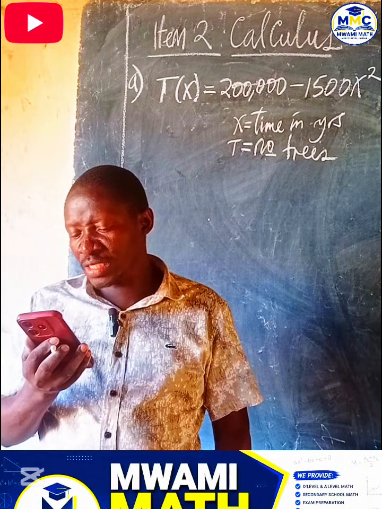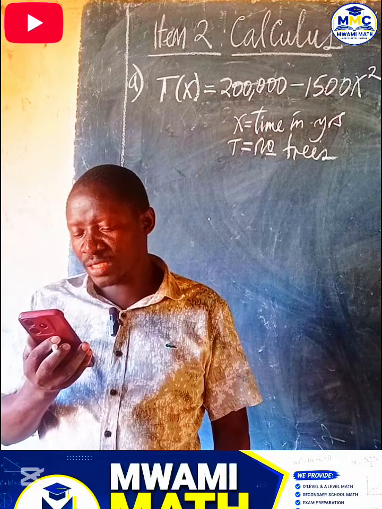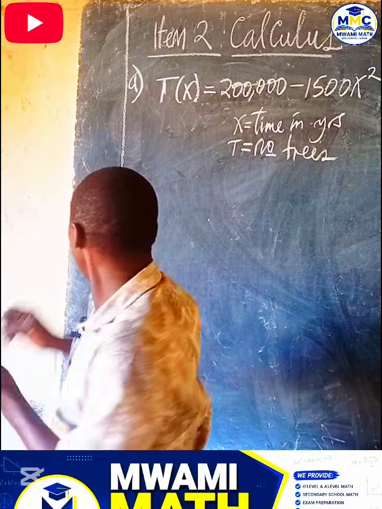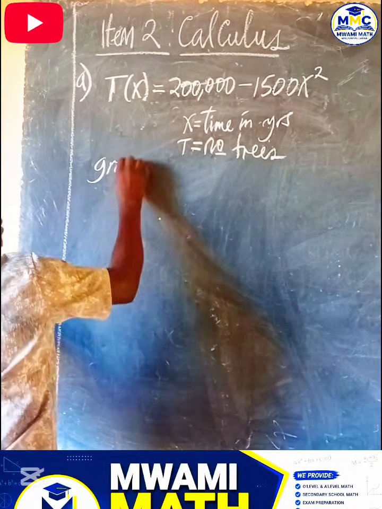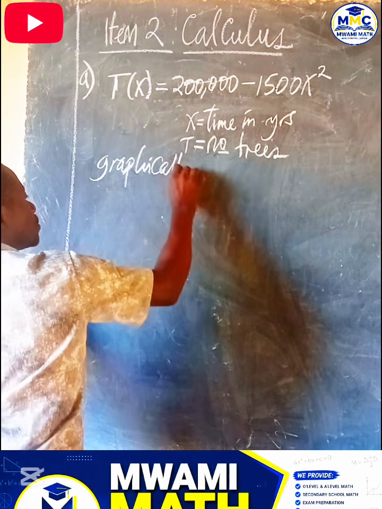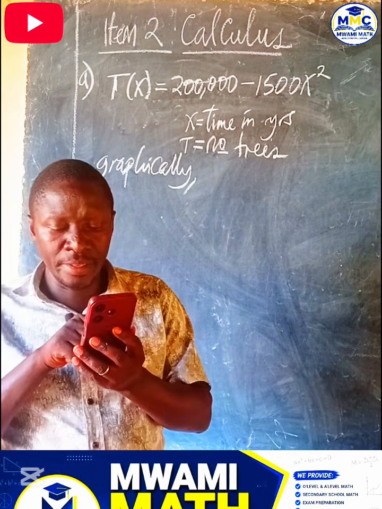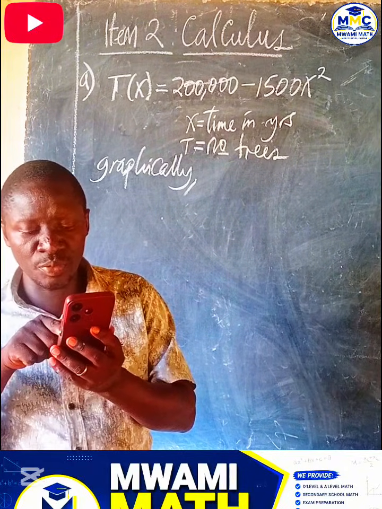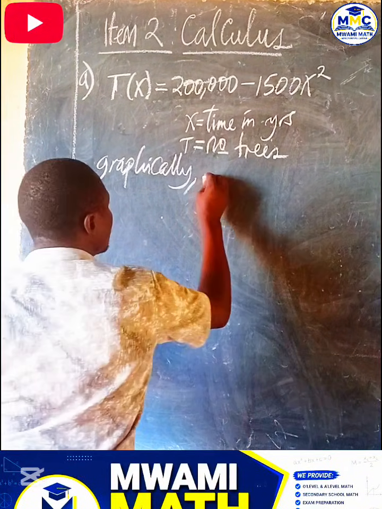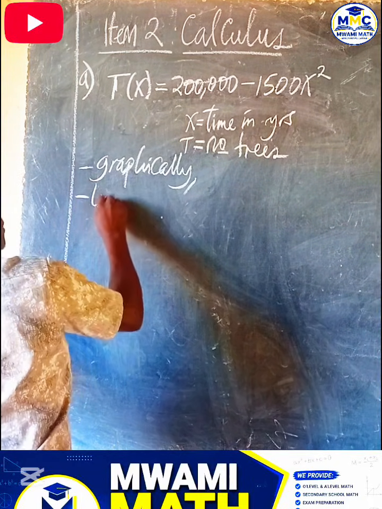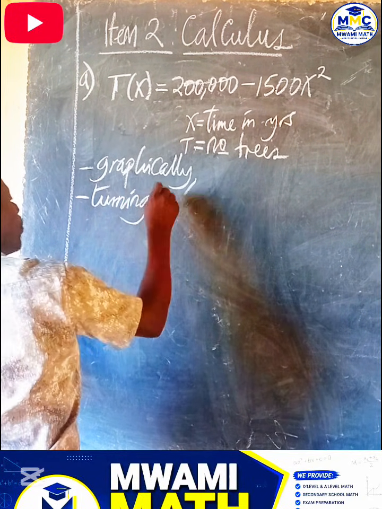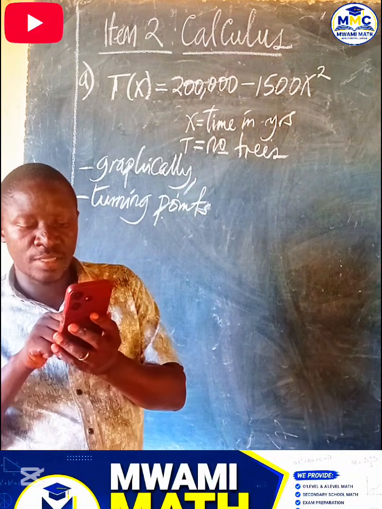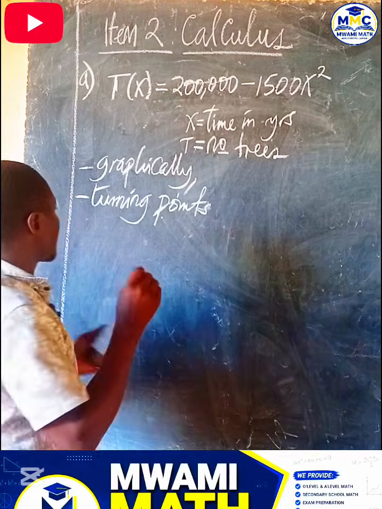During the meeting, the community leadership needs to make a detailed analysis of the model, including representing it graphically with a clear interpretation of the turning point. So we need the turning points and intercepts.